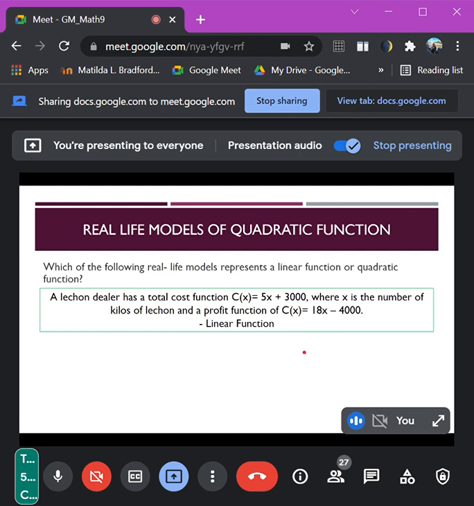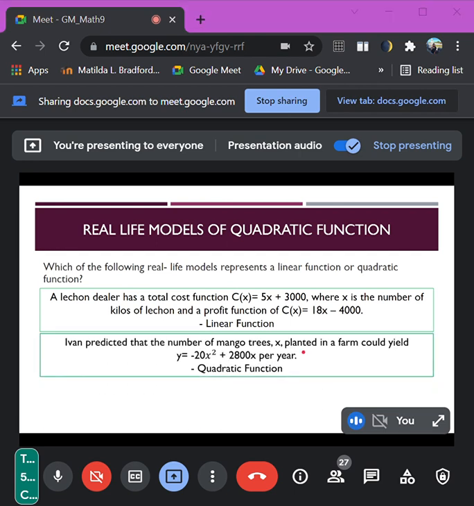And we have here our second given. So we have Ivan predicted that the number of mango trees, x, planted in a farm could yield y equal to negative 20x squared plus 2,800x per year.